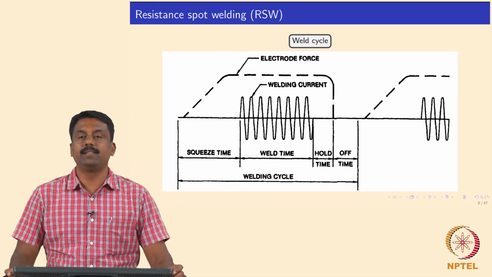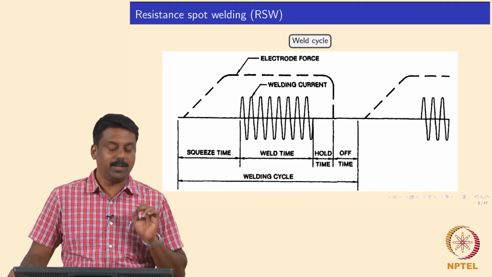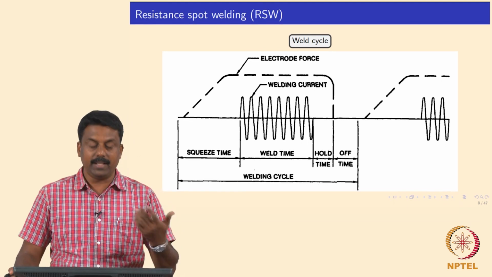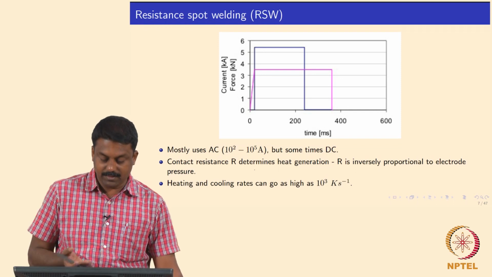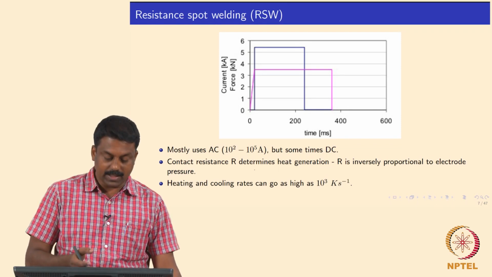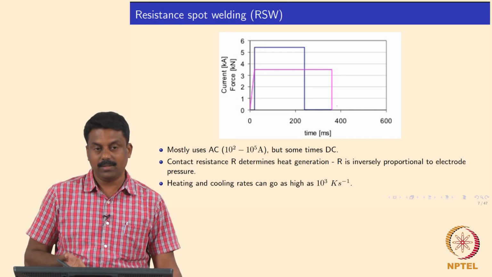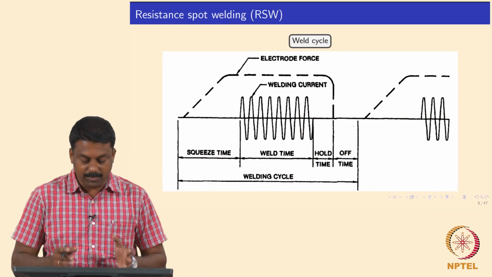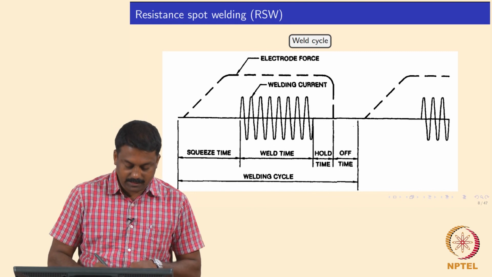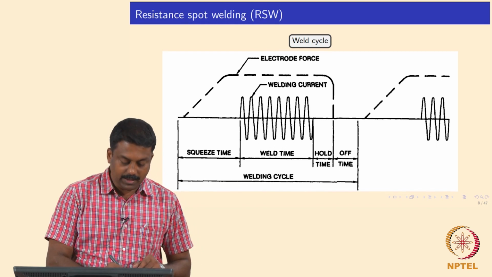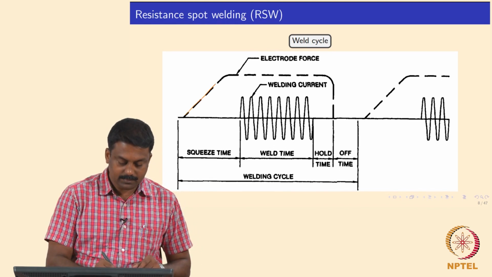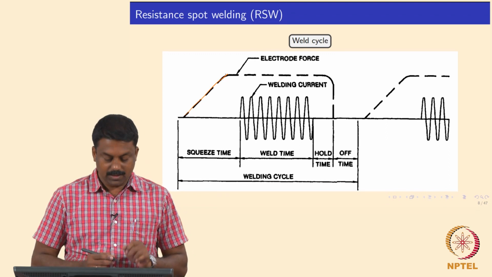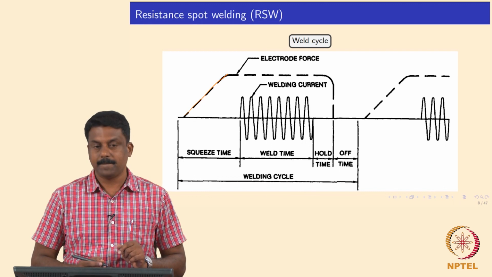This is a typical simple weld thermal cycle, and this is how we do it. The simple weld thermal cycle I showed you in the previous graph is simple current and then a load applied over a time, isn't it? So, what do we do in a simple thermal cycle? There is a squeeze time, so the load is increased. The moment you achieve the required welding load, you start passing the current.